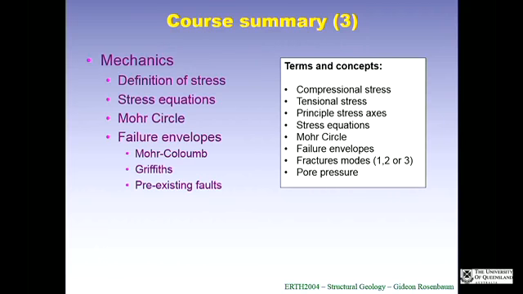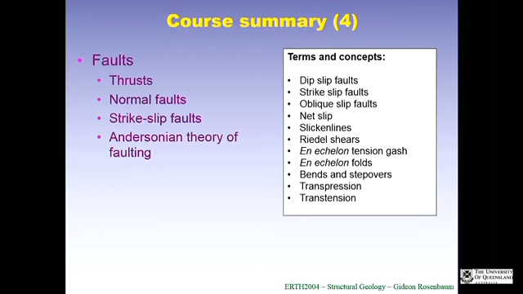It will fail only if those planes actually exist in the right orientation to fail. And you can predict what those orientations are going to be. If they don't exist, then we'll create new faults with a Mohr-Coulomb failure envelope.